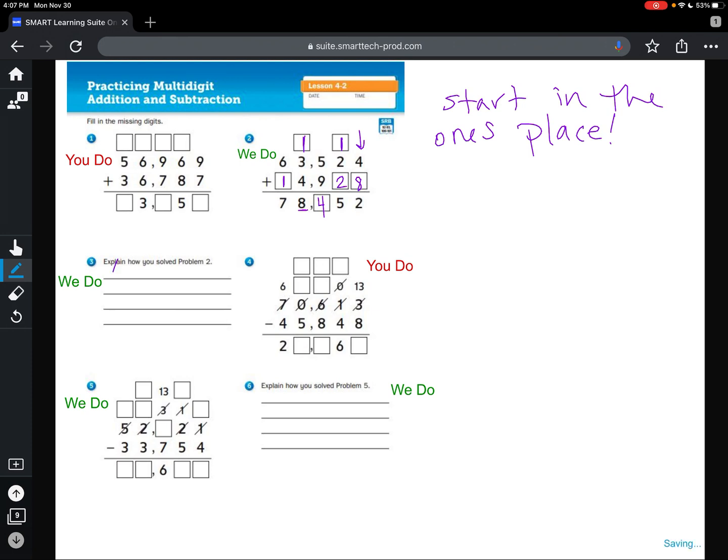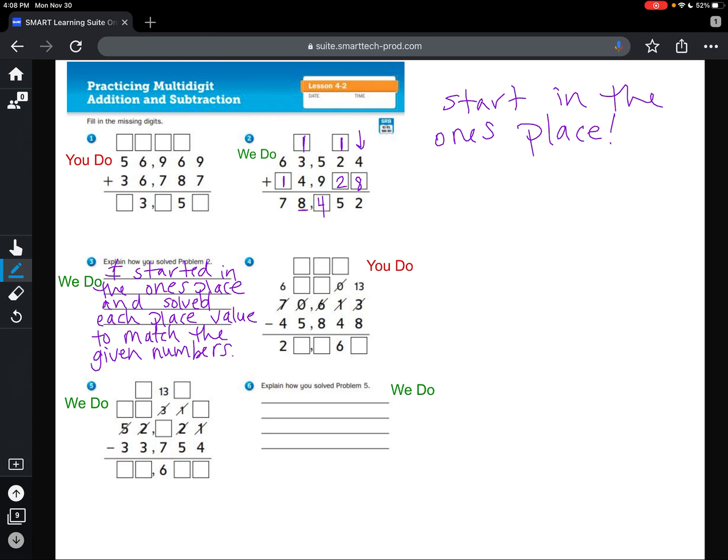Well, I started in the ones place and solved each place value to match the given numbers. Something like that. So now you're going to do number 1.